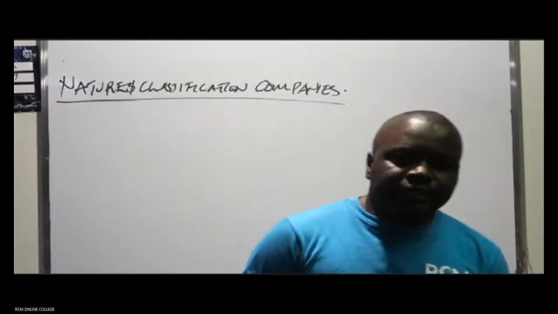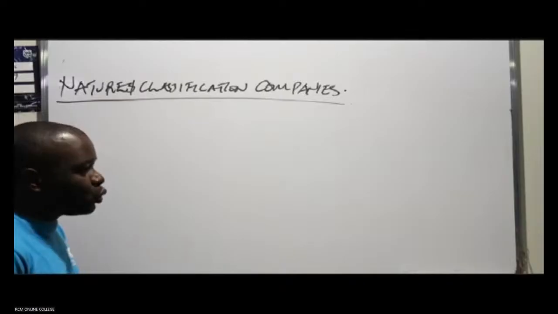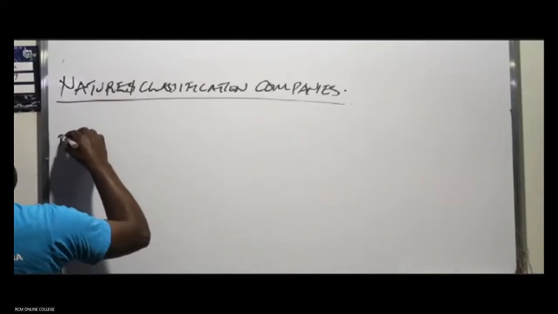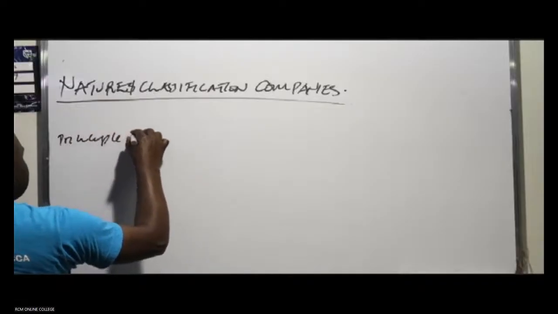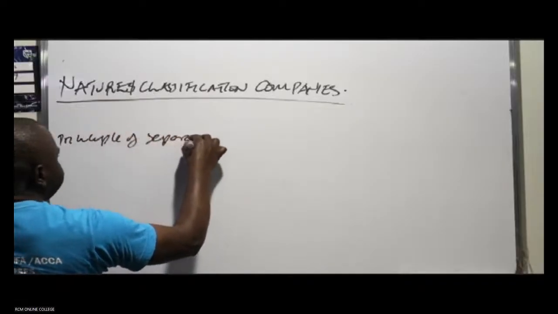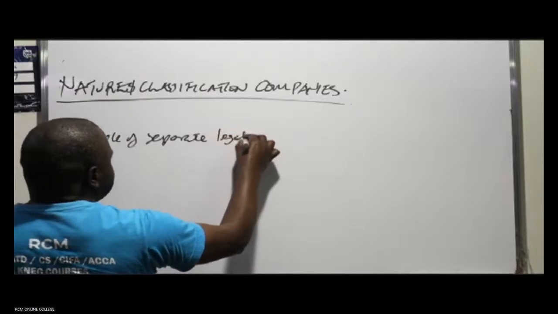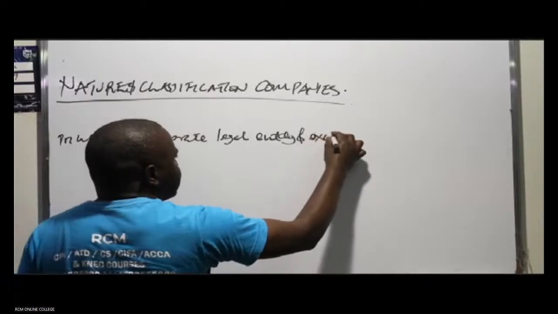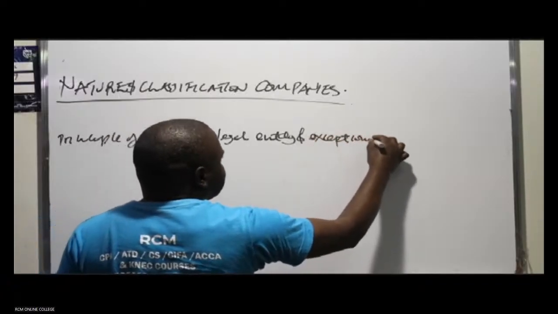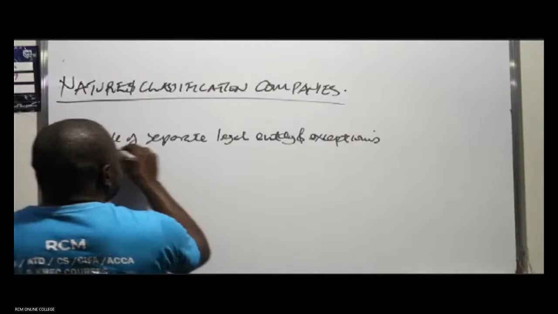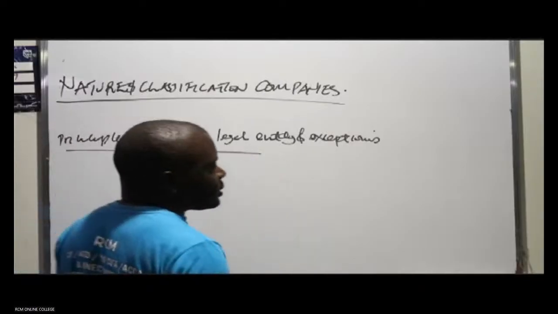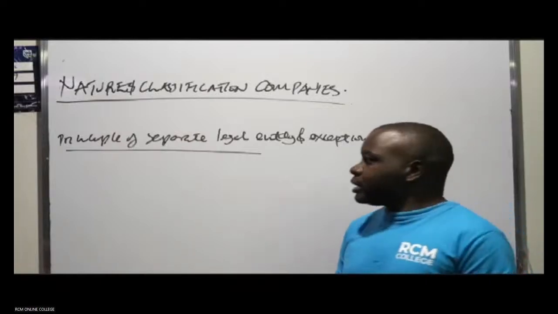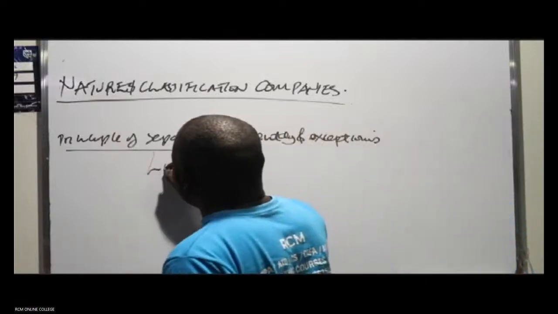In our previous class, we wound up by looking at the principle of separate legal entity, and the exceptions to the rule in Solomon versus Solomon and Company Limited, or sometimes we say the lifting of the veil of incorporation.